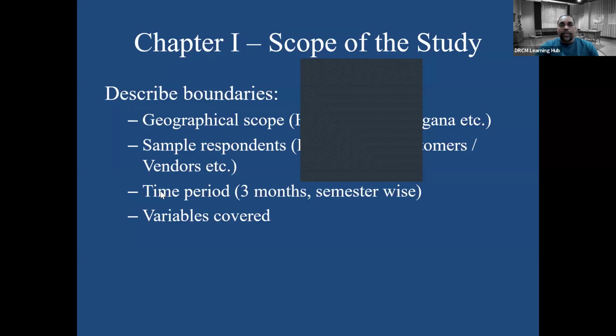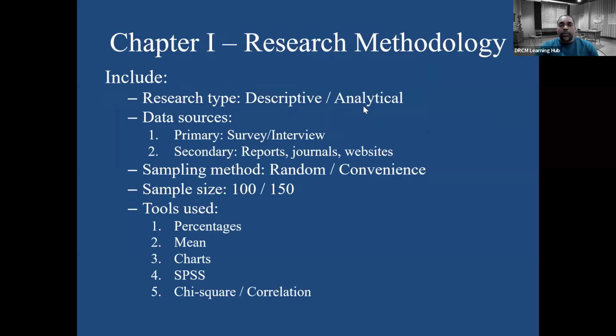Okay, then we move to next. Now research methodology. Now you can see here what we are including in research methodology. First is research type, descriptive or analytical. Which type of research you are doing, you have to write, either descriptive or analytical.